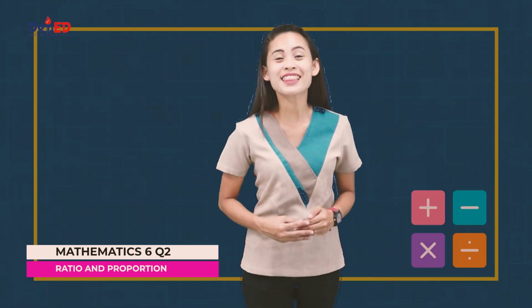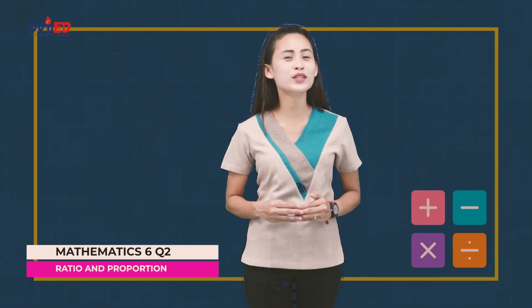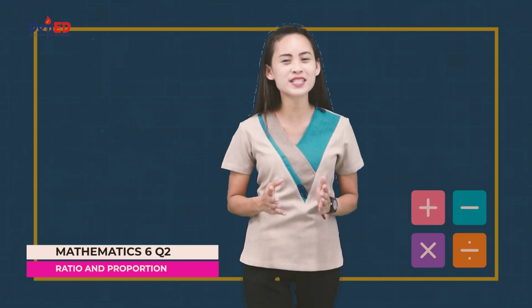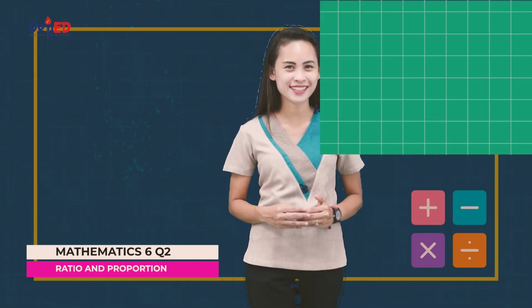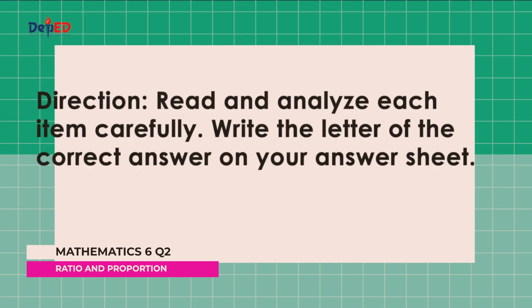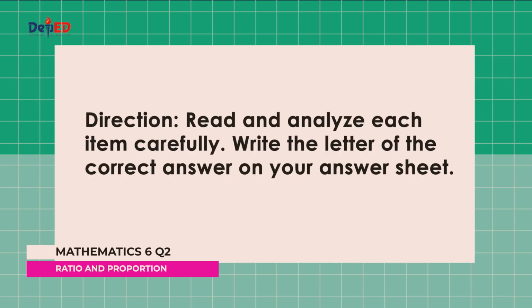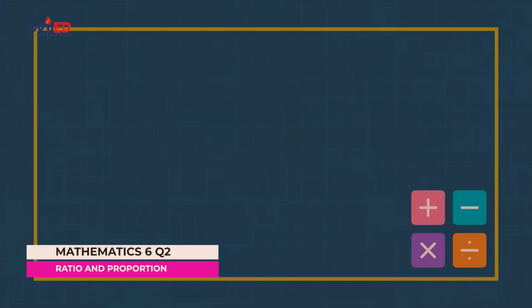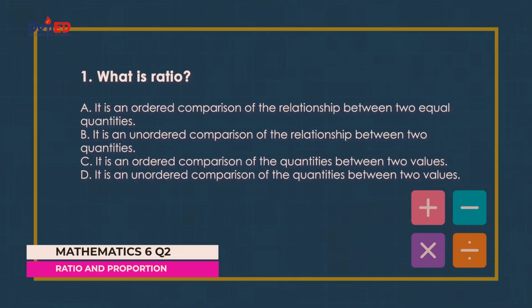This time, let us see and evaluate what you have learned by taking the assessment in your self-learning modules. Directions. Read and analyze each item carefully. Write the letter of the correct answer on your answer sheet. Number 1. What is ratio?